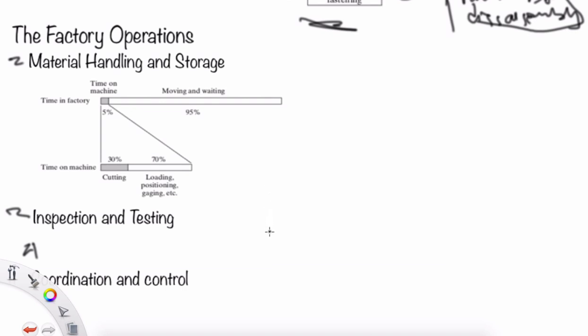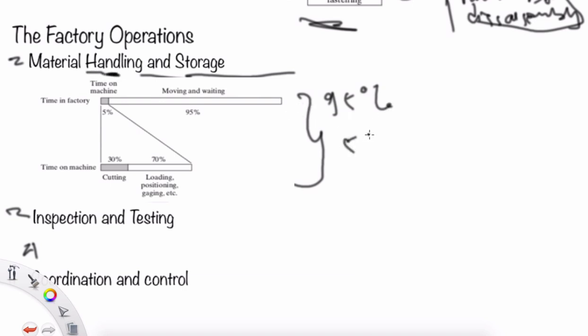Here is his observation. We can see moving and waiting take about 95%, while the time on the machine is only 5%.